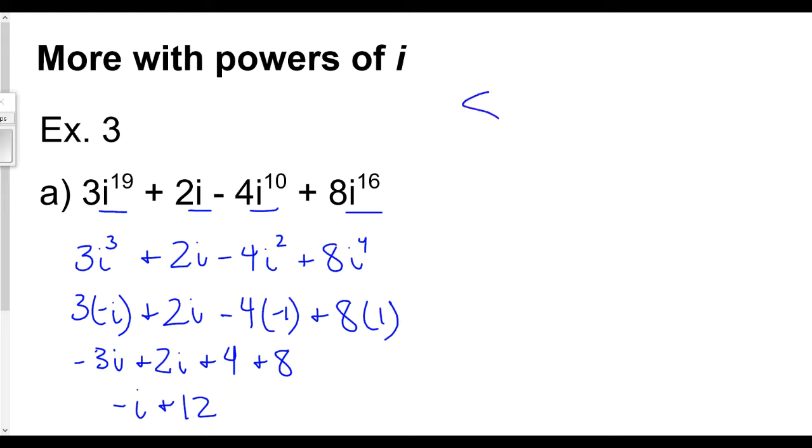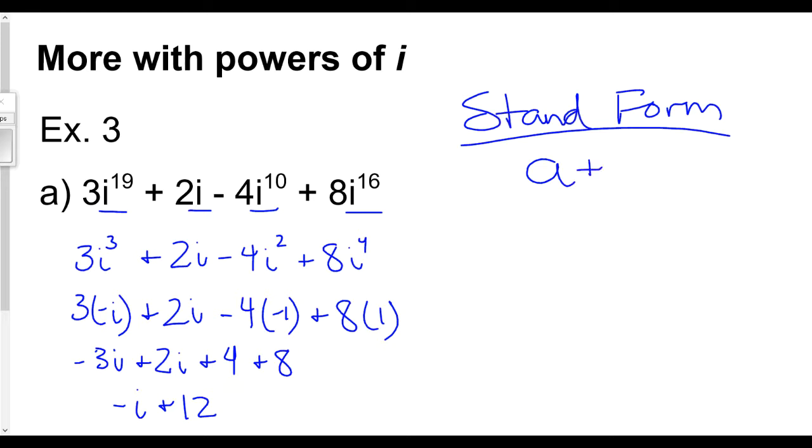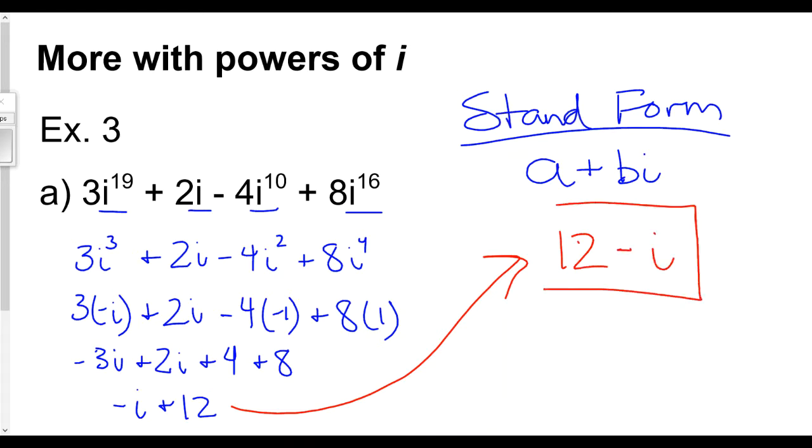Remember that standard form, which is very important, is a plus bi. The real number part always goes first, the imaginary part second. So I need to rewrite this as 12, my real number component, minus i. And that, ladies and gentlemen, is the simplified version of 3i to the 19th plus 2i minus 4i to the 10th plus 8i to the 16th.